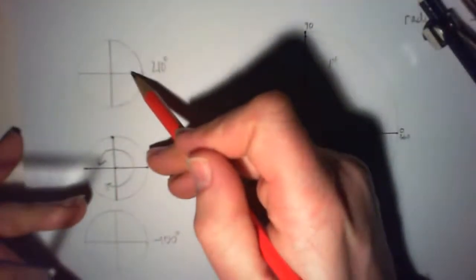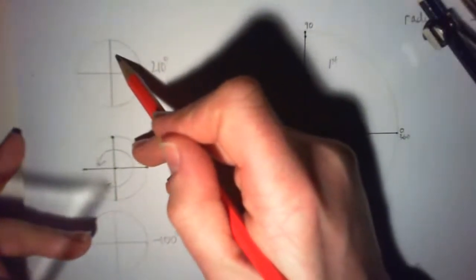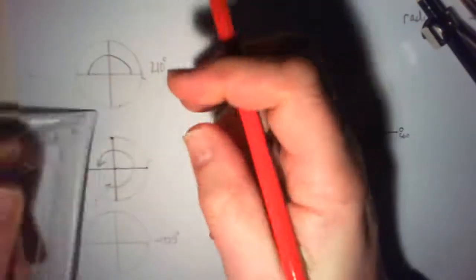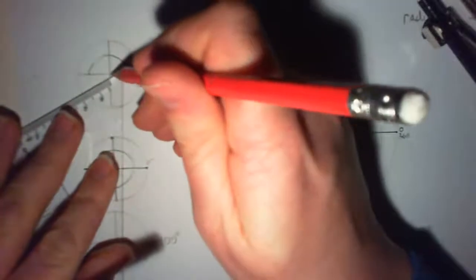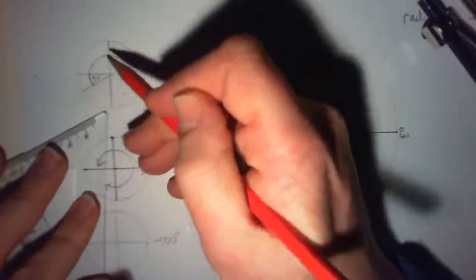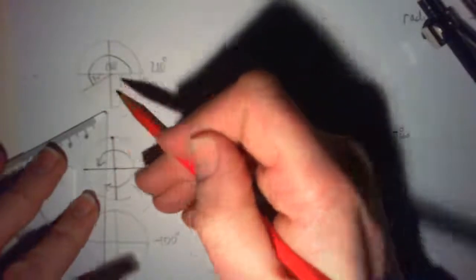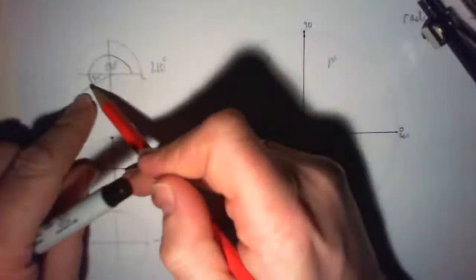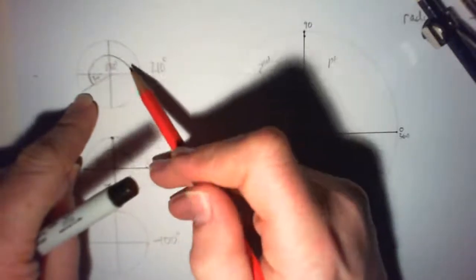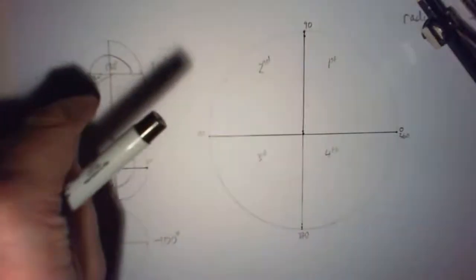There's a full 90, there's a full 180, and it actually goes as far as 30 degrees in there. So from there right back to there is 210 degrees. Hope that makes sense.